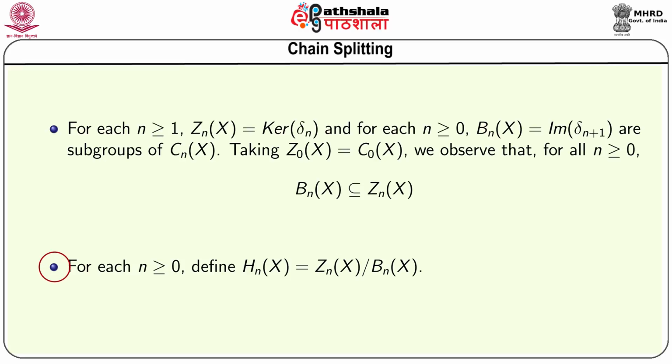We also define the homology group H_n X as the quotient group Z_n X by B_n X for every n greater than or equal to 0.